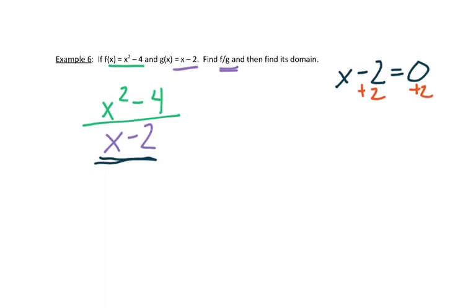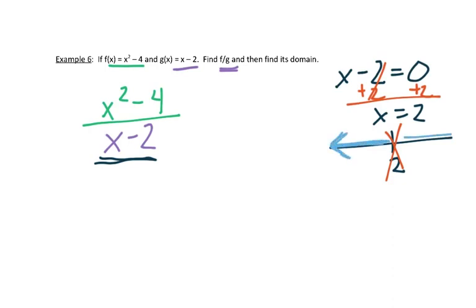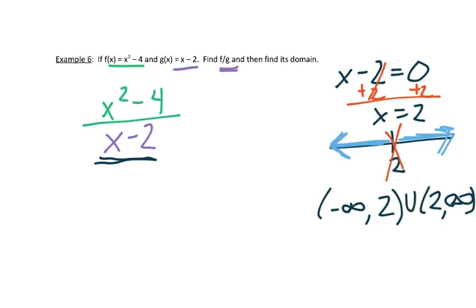We'll add 2 to both sides, and that gives us x equals 2. So on our number line, we're crossing out 2, that's what's giving us problems, with the denominator of the fraction, which means that we can go everything to the left and everything to the right. So our domain here is negative infinity to 2, and then 2 to infinity, with a union between.